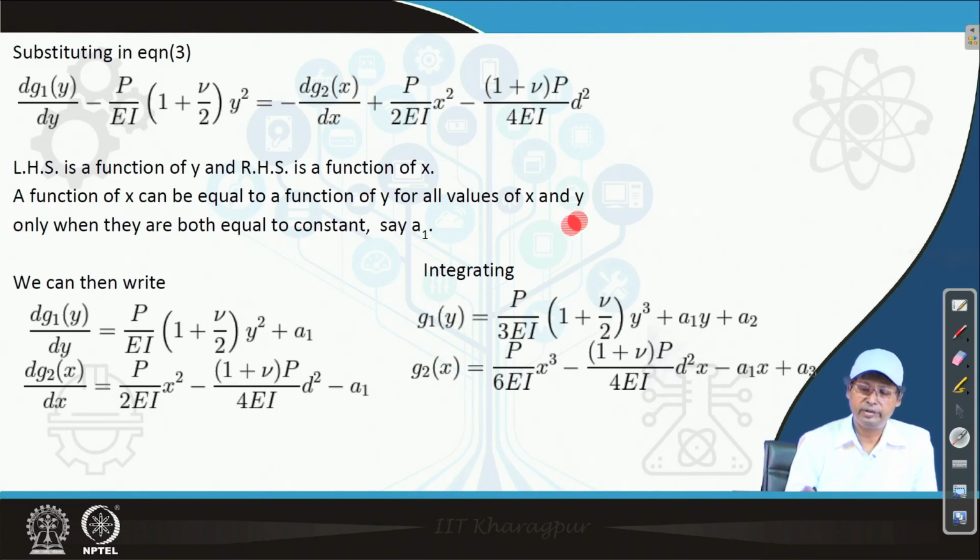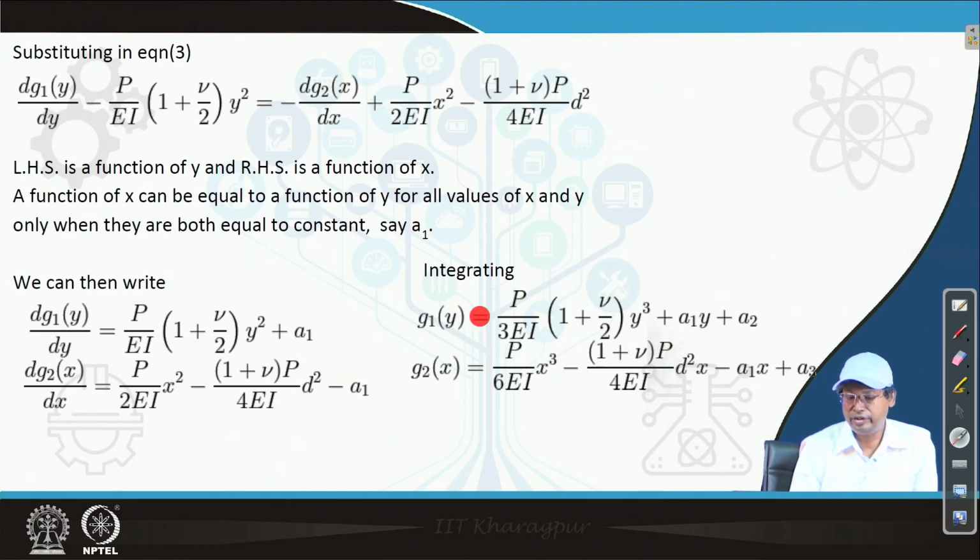So, this is a mathematical phenomenon and according to that we assume that it is a constant A1, and the other side is also equal to A2, and again we rearrange.